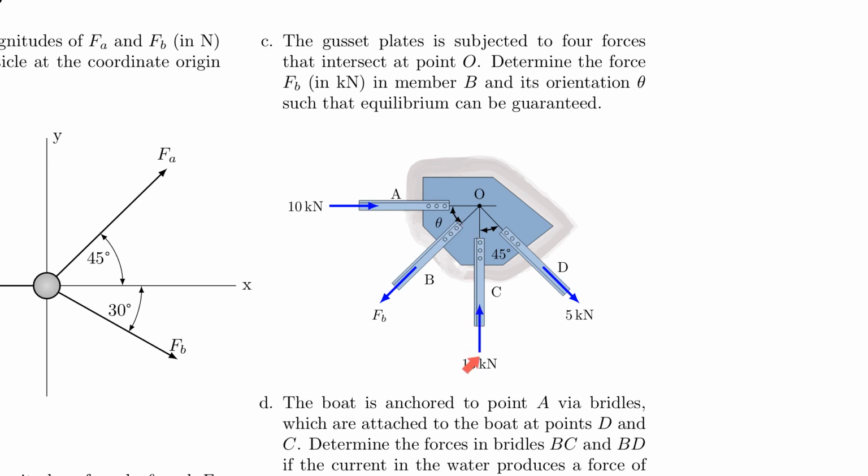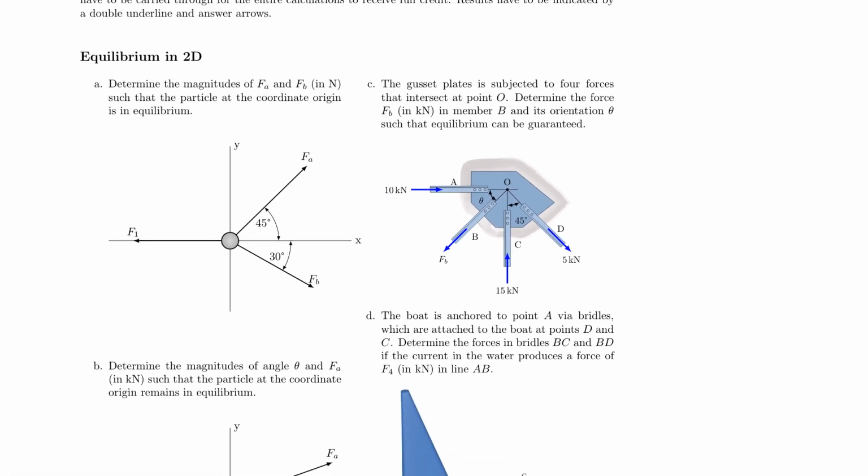So notice that the 15 kilonewton here is actually pushing on the origin here, and so is the 10, whereas FB and the 5 kilonewton is actually pulling away from it. So please understand that that has an impact on your free body diagrams, in which direction you draw them, and also in, of course, solving the problems. But you have all the tricks you need to check your work. So I wish you good luck with that problem.